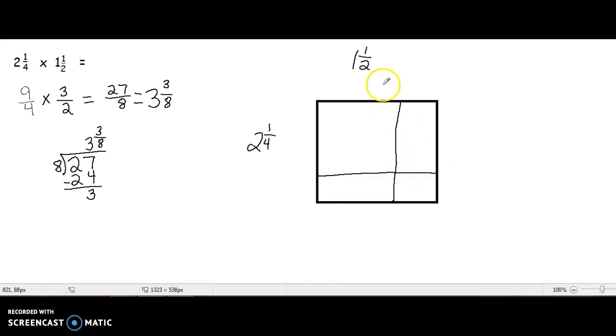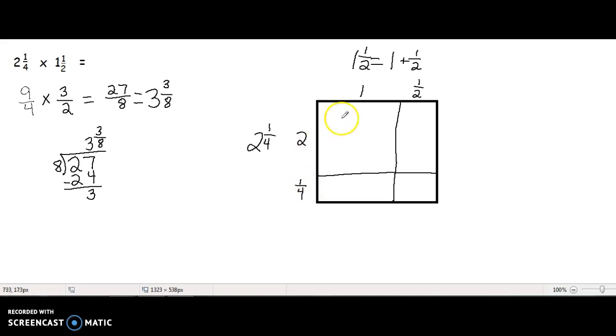Now just remember that 1 1/2 is essentially the same thing as 1 plus a half. So we can break that up here. 2 1/4 is also the same as 2 plus 1/4.